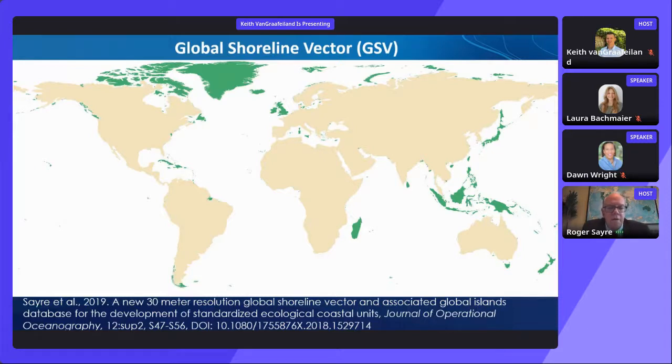And then there are thousands of island polygons, only the very biggest of which you can see here in green. We produced that global shoreline vector from a cloud-based interpretation of the year 2014 annual composite Landsat imagery. And then we used it to make a definitive map of Earth islands.